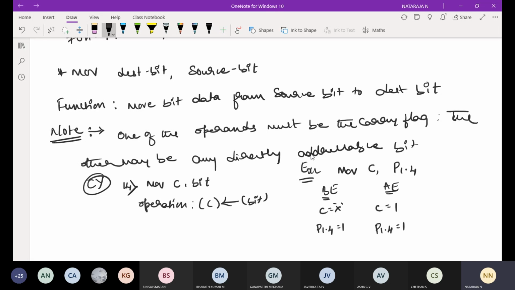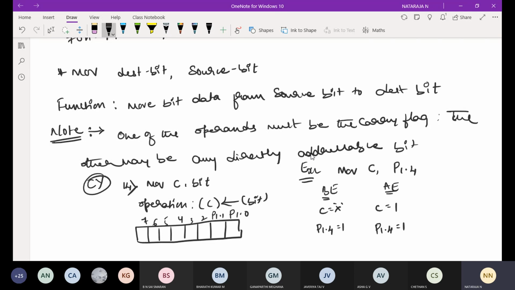See, P1.4 means port 1. Port 1 has a total of 8 bits: P1.0, P1.1, 1.2, 1.3, 1.4, 1.5, 1.6, 1.7.